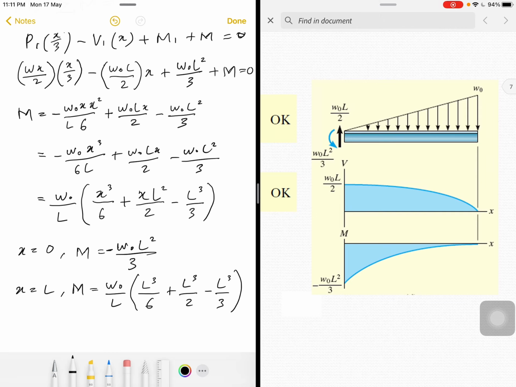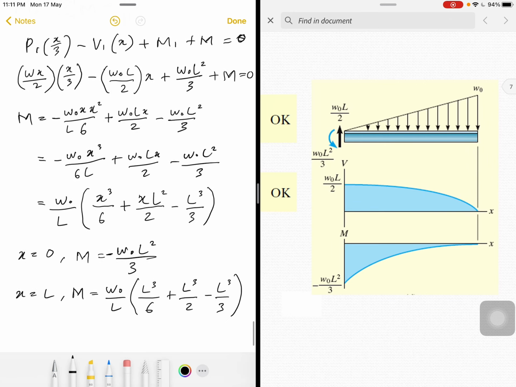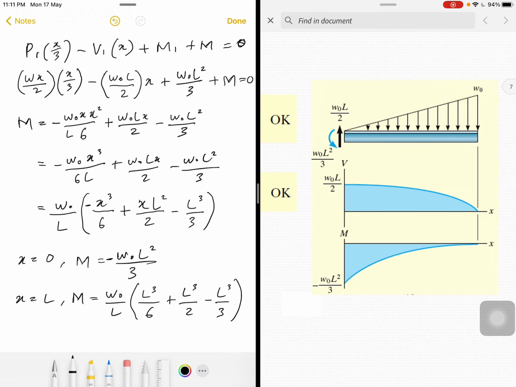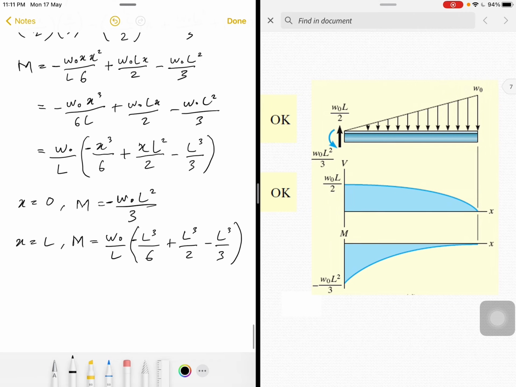Wait, I think we have some problem with the constant. Actually, we are negative right here. Okay, so when we consider the inside of the bracket, it will be equal to 0.